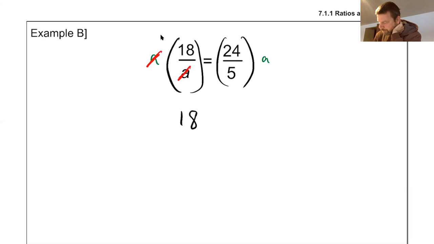And I'll get 18 by itself equals 24/5 times A. And then I'd have to get rid of the 5, and I'd have to get rid of the 24, and it's really kind of annoying. But we're going to show you a really slick way that works with all fractions. So hold on just a minute. If I wanted to get rid of the 5, how am I going to get rid of that 5?